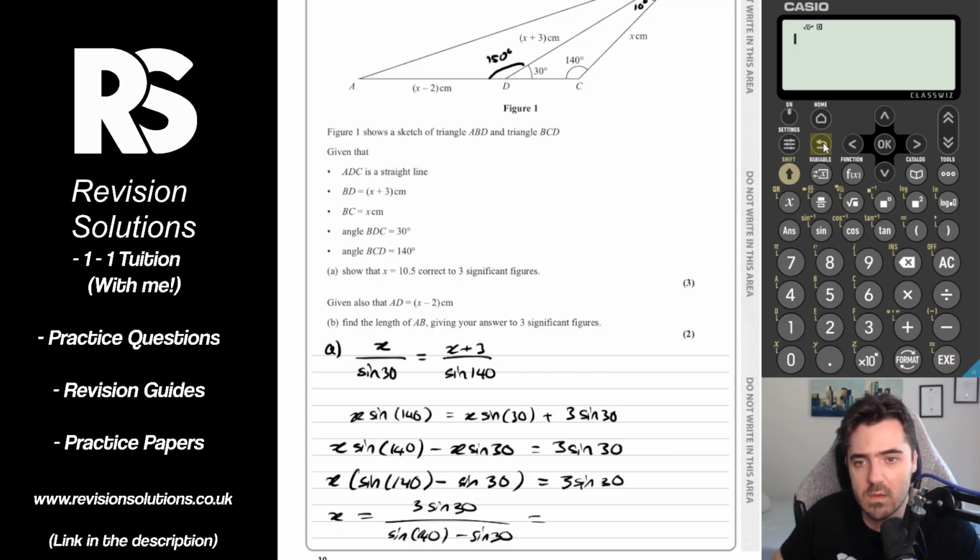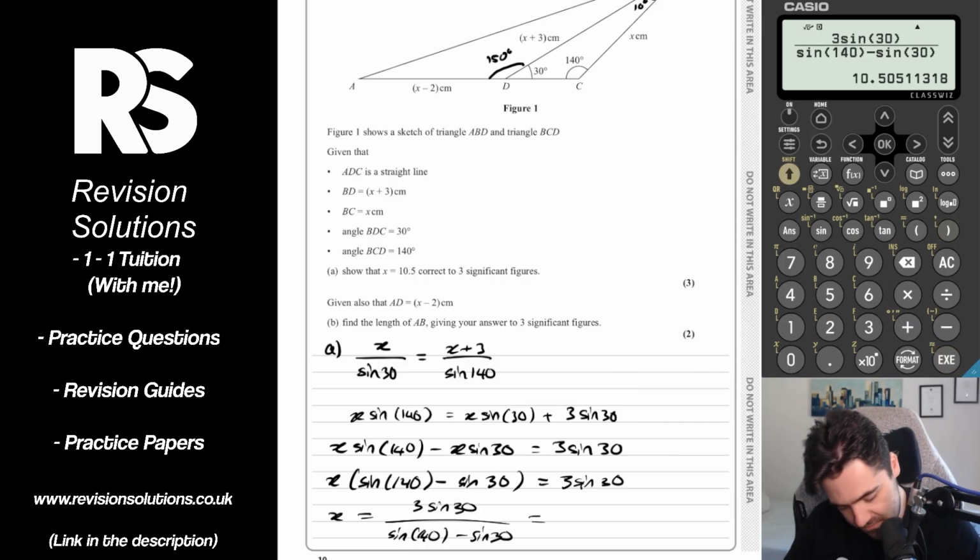Cool. Right, so fraction 3 sine 30 over sine 140 and then minus the sine 30. So that does indeed give us 10.5 to 3 significant figures.